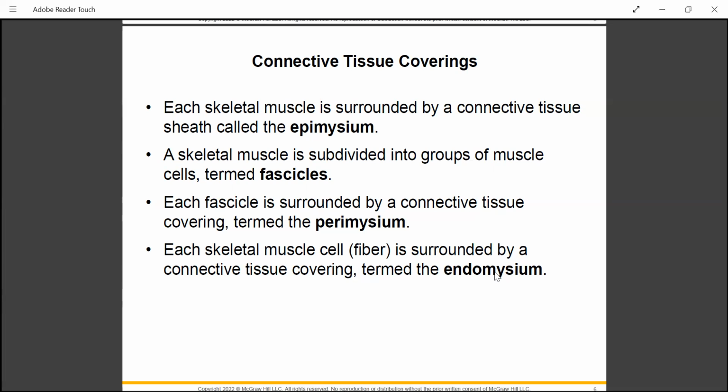Our muscle fibers are bundled together to create a fascicle, and our fascicles are surrounded by a perimysium. Groups of fascicles create a skeletal muscle, and the entire skeletal muscle, one individual muscle, is going to be surrounded by the epimysium.